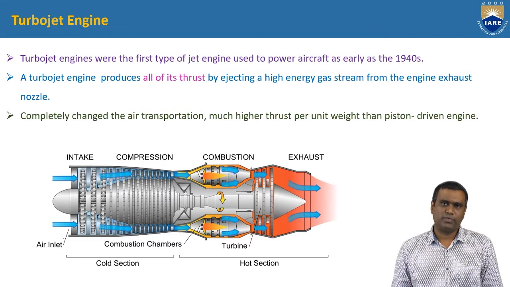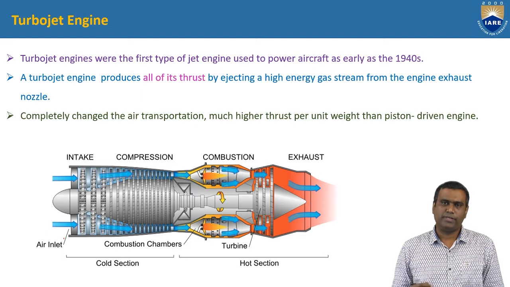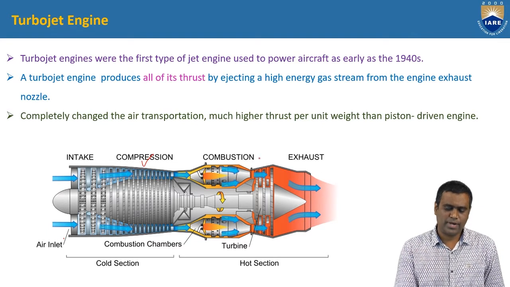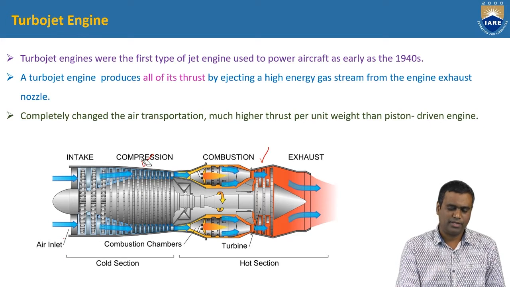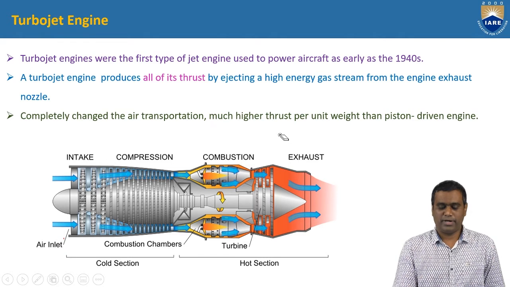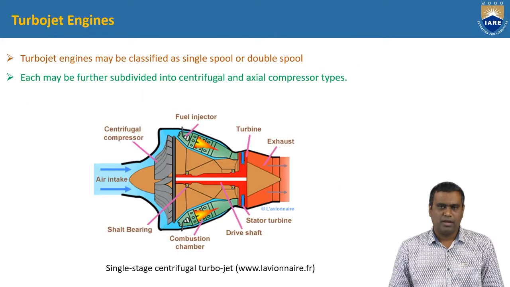Thus, the turbojet engine produces the necessary thrust. If the compressor and turbine are efficient, the pressure at the turbine exhaust would be high, which will improve the thrust.